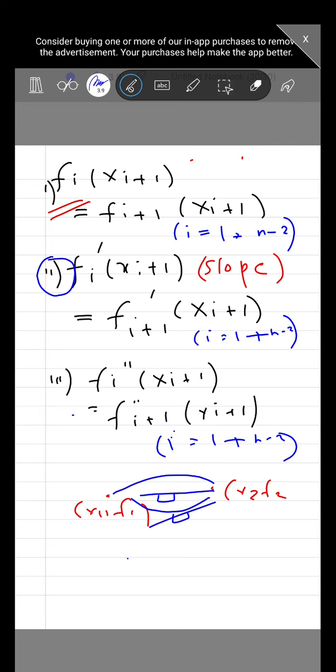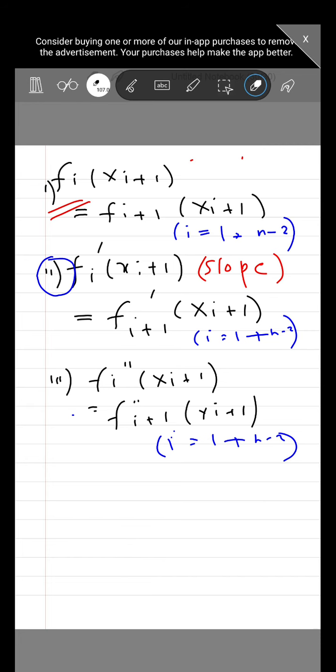If there are 3 points, this is x1, f1, one point here, this is x2, f2, another point, and this is x3, f3, so there are 3 points.